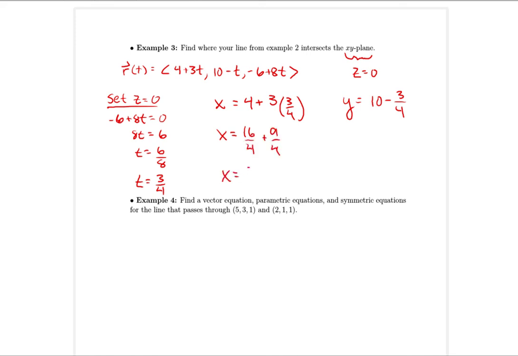So x equals 25/4. And then y equals 40 over 4 minus 3 over 4. So y equals 37/4. So with all that, and I kind of ran out of room, where does your line intersect the xy plane? It would be at the point 25/4, 37/4, 0.